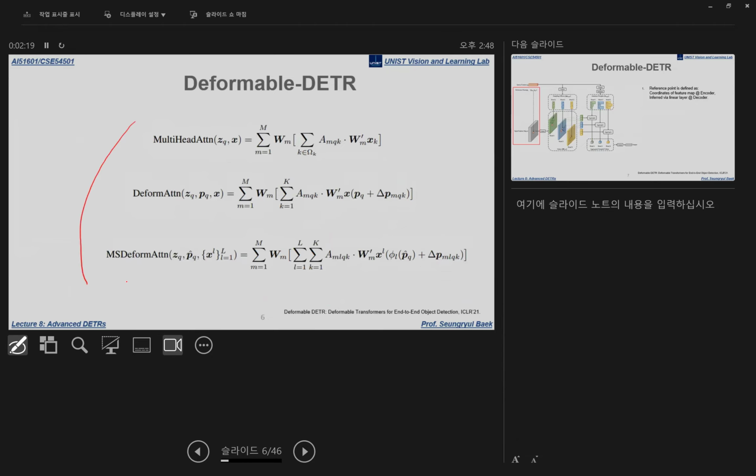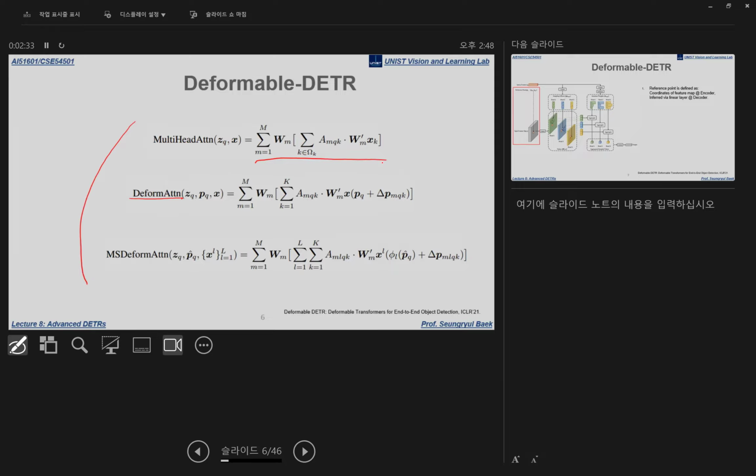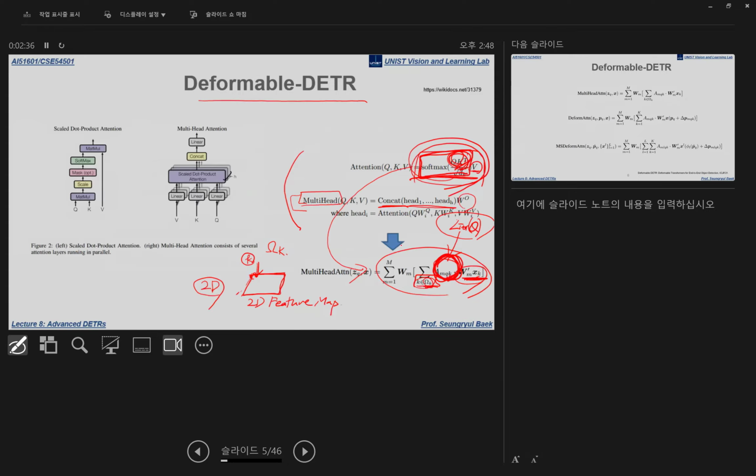So here is the derivation for this new deformable attention mechanism. So this is the multi-head attention mechanism that we learned, okay? So this is actually this formula, and you can interpret this as this.